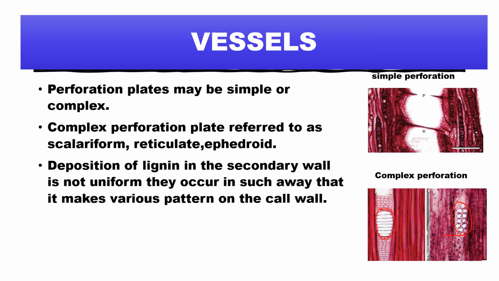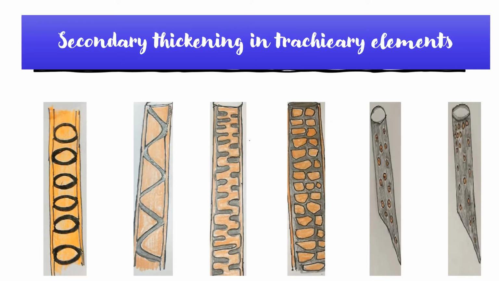Deposition of the lignin in the secondary wall is not uniform. It occurs in such a way that we can see various patterns on the cell wall. This is the kind of thickening we see in the tracheary elements, that means in tracheids and also in vessels.